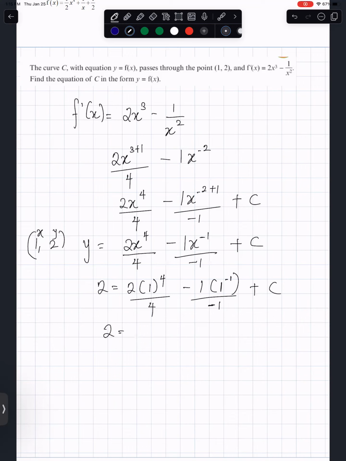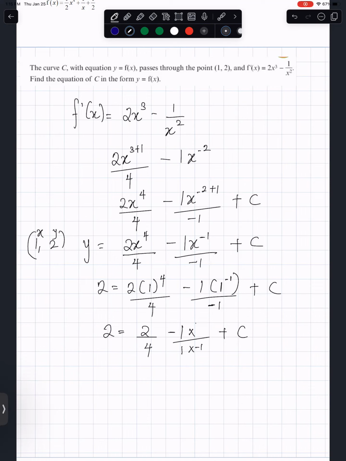That gives us 2 equals to what? 2 multiplied by 1 divided by 4 minus 1, and 1 raised to the power of minus 1 will give us over 1, times 1 multiplied by minus 1 plus c.